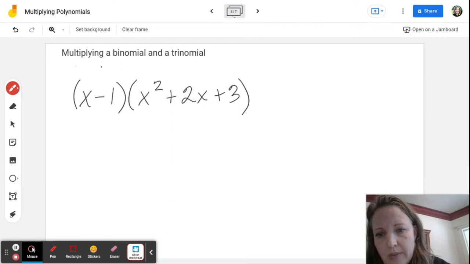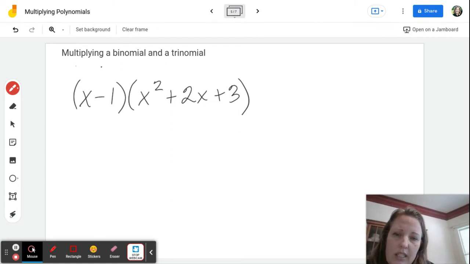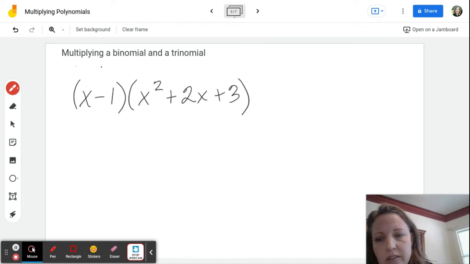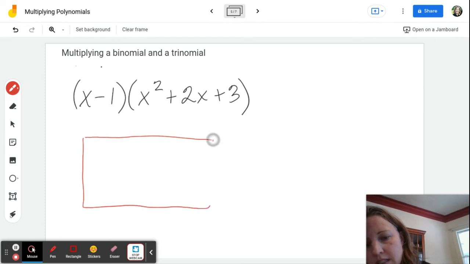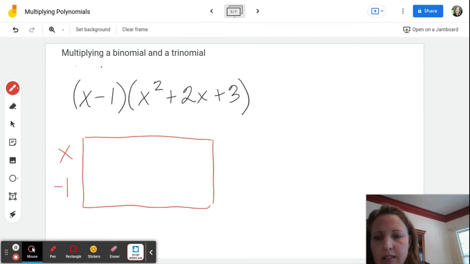So I believe that when I looked at the Delta Math assignment, the explanation actually gives it as an area model. So I'm going to show this one as an area model. Usually when it does the area model, it looks something like this. So that's the x and that's the minus 1.